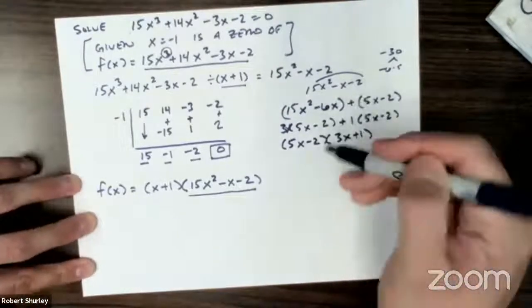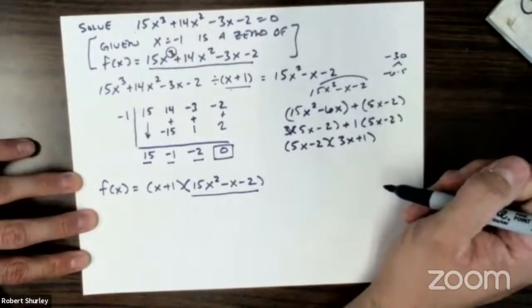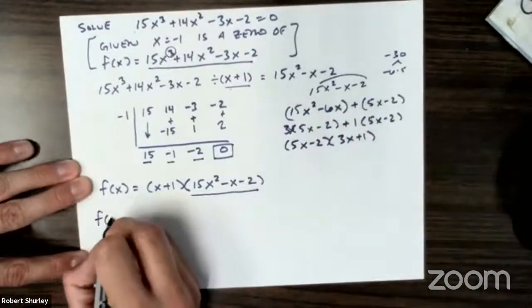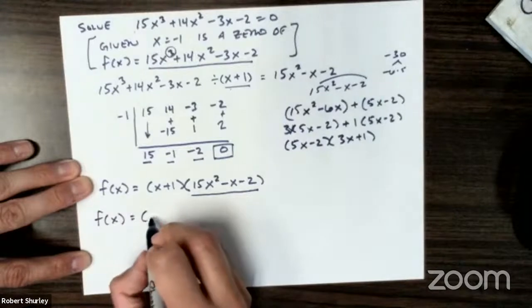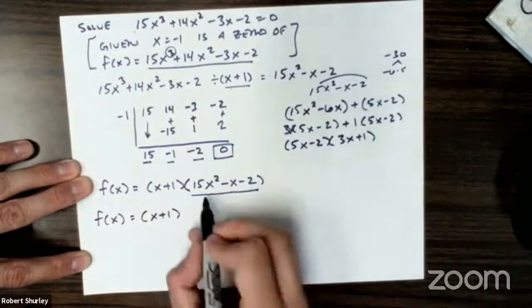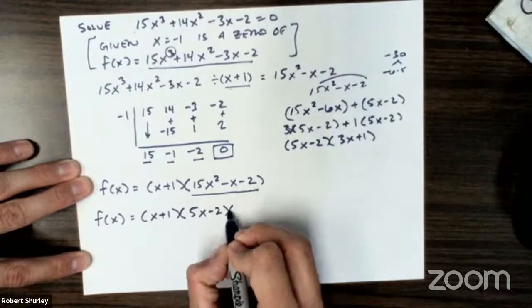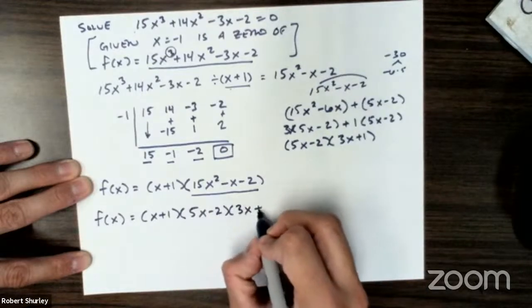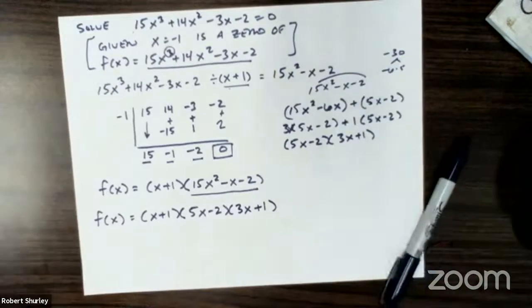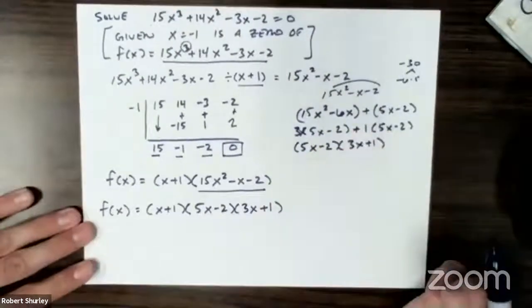This was the AC method, right? We talked about it earlier in this class. So x plus 1 times 5x minus 2 times 3x plus 1. Look, again, I think we've talked about this.